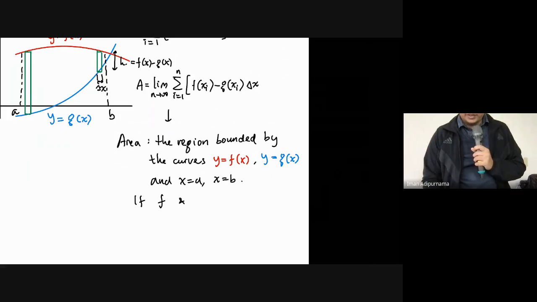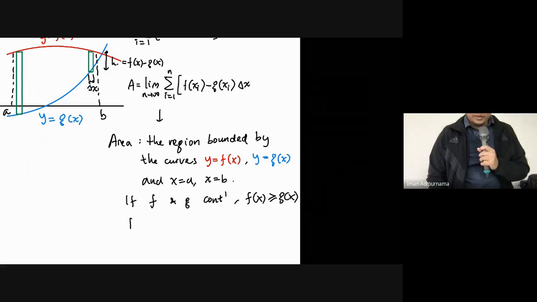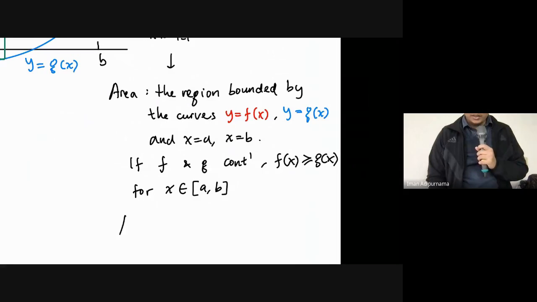If f and g are continuous functions and f of x is greater than g of x for x in the interval a to b, then the area will be the integral from a to b of f of x minus g of x.